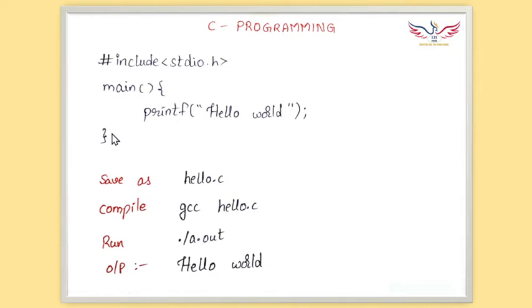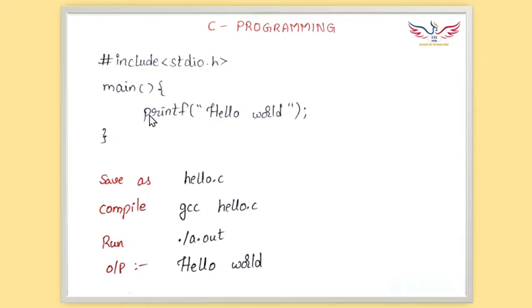Inside these curly braces, it starts here and it is closed here: open brace, closing brace. Printf is between those two, so printf is inside main. Where is the hash include? It is outside main. Now the execution starts from the main function, and all the lines inside the main function will be executed in a sequential manner, that is, step by step.